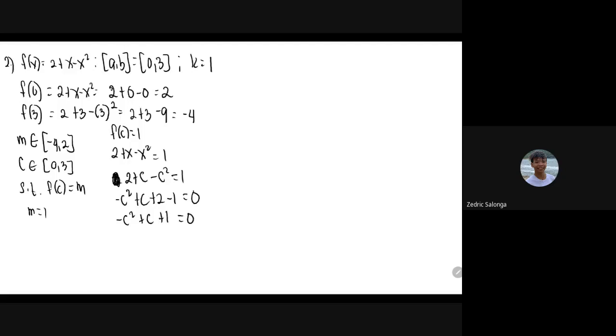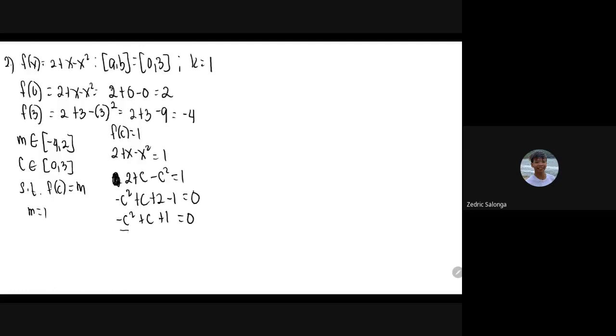It's extremely difficult to solve for the roots of c, especially if our a is less than 1. So we will be multiplying the whole quadratic equation by negative 1 to make the leading coefficient equal to 1, because it is hard to solve if it is negative.